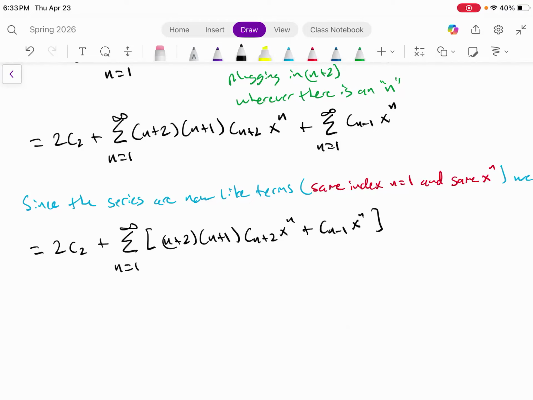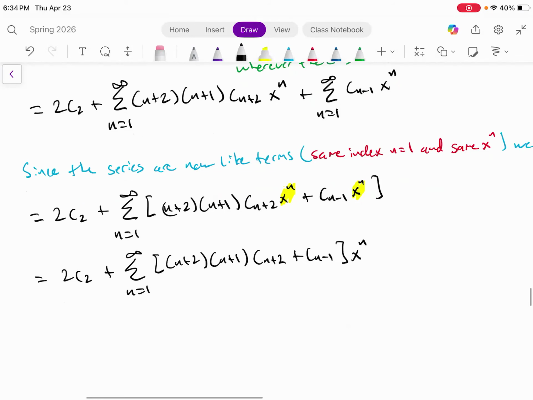Okay, we could even simplify this a little more. They both have x to the n. We can factor that out, and we will be left with 2c2 plus a series n equals 1 to infinity of n plus 2 times n plus 1, c sub n plus 2 plus c sub n minus 1 times x to the n.